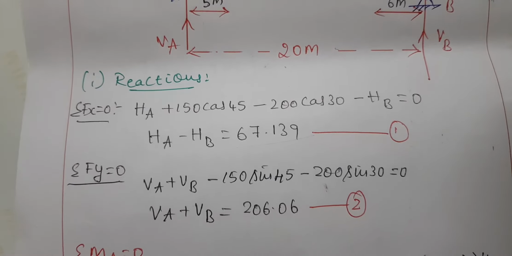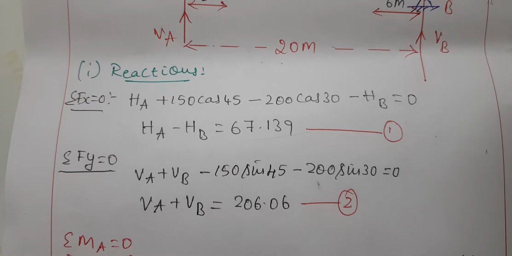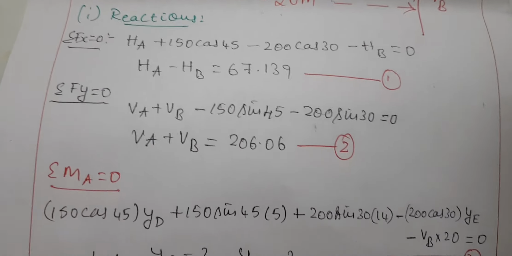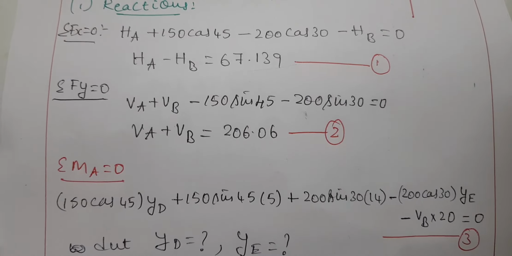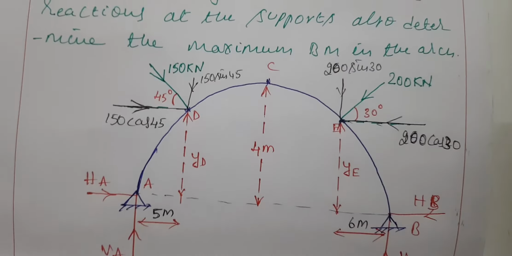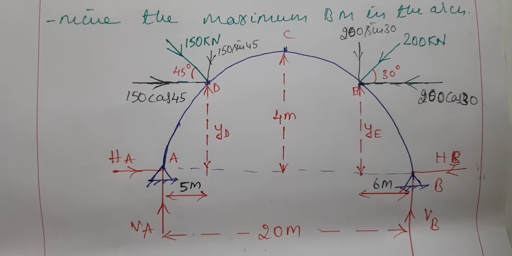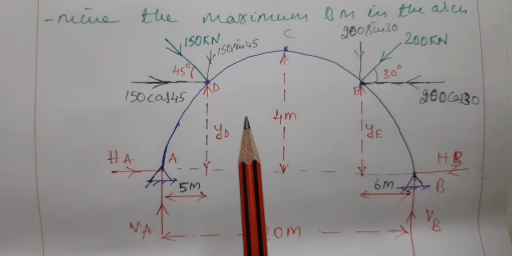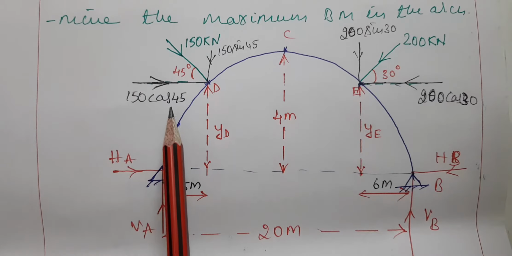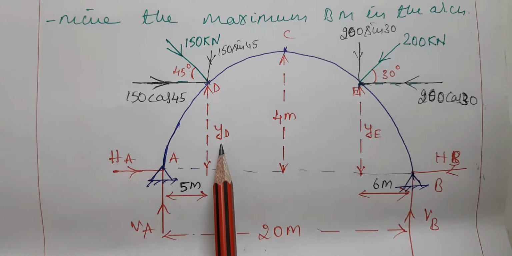Okay, next we have to calculate a reaction. For that we have to consider moment at any point equal to 0. A small change in this one. See here, moment at any point equal to 0. We know the vertical distance for all the forces except 150 cos 45, that is YD.